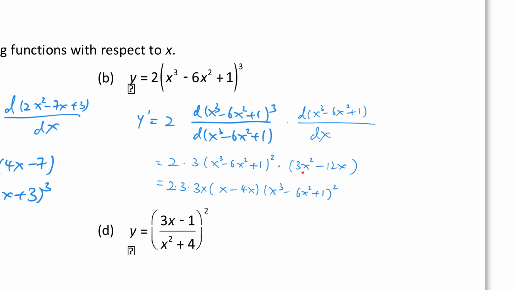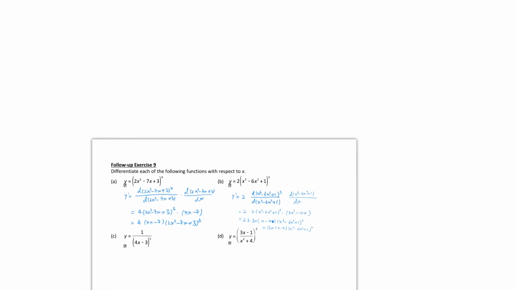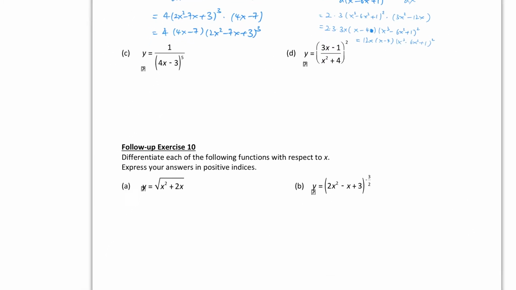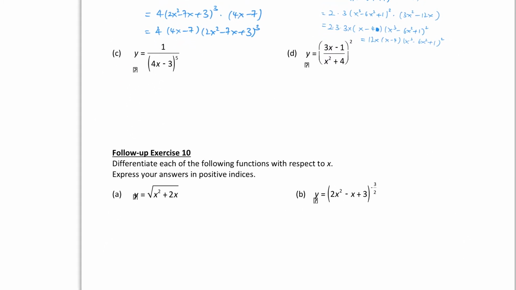And then because I find one common factor of this term is 3x, so I take it out, and the remainder is x minus 4. Okay, so the final answer is 12x times (x minus 4) times (x to the power 3 minus 6x squared plus 1) squared. Okay, part C and part D, you may do it, and then let's discuss during our lesson.